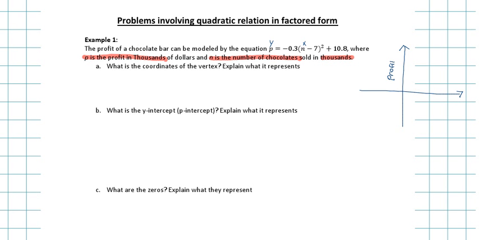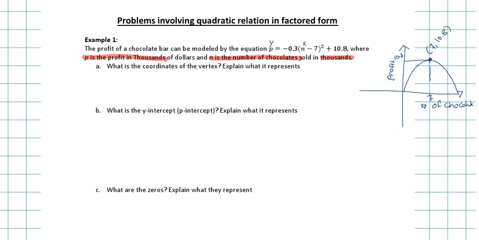And on the X-axis, I'm going to have the number of chocolates, which is N. It doesn't have to be at 0, 0, but it's going to look like this, and this is going to be your vertex. You told me that your vertex is 7, 10.8. 7 represents the number of chocolates, and 10.8 represents the profit.